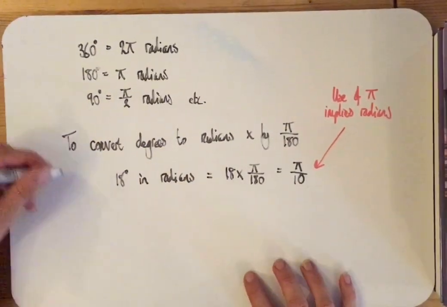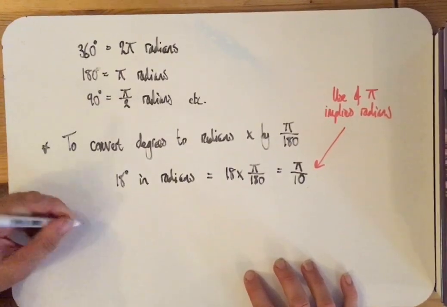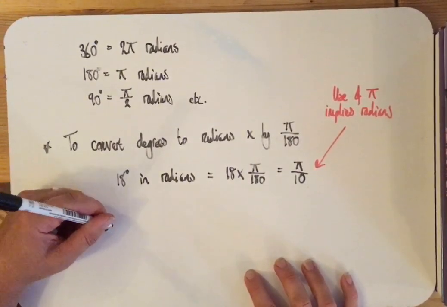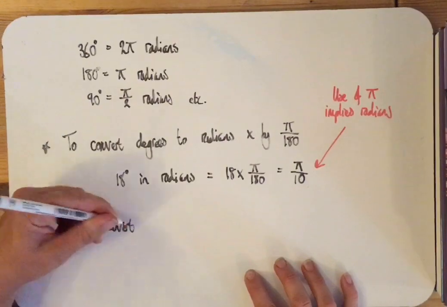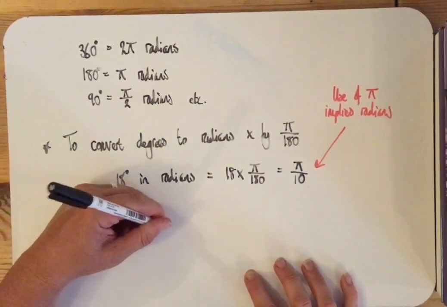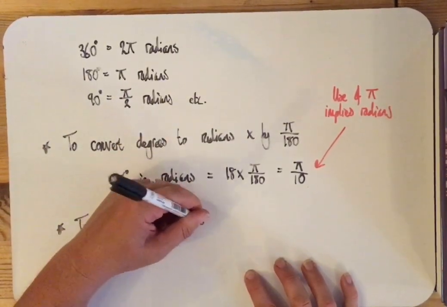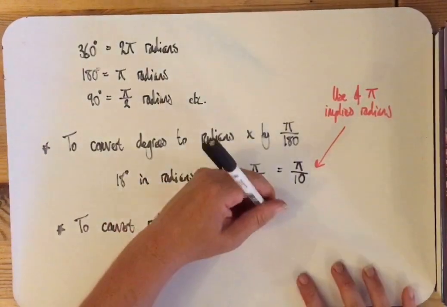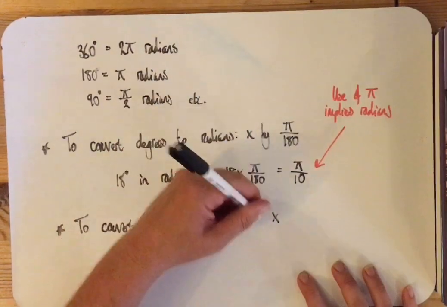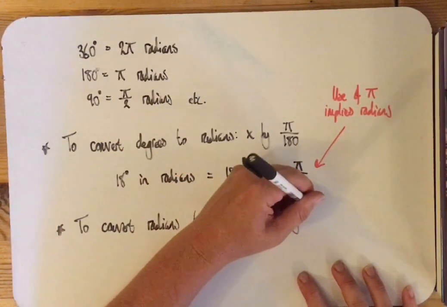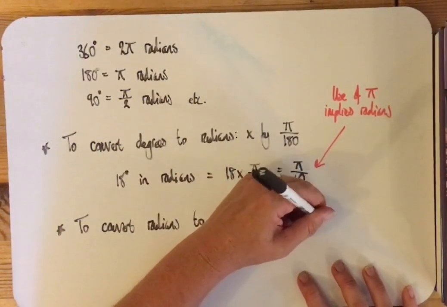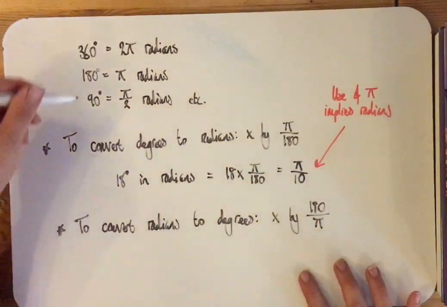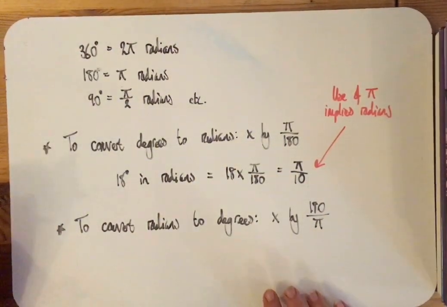And then to convert radians to degrees, you do the opposite. You times by 180 and you divide by pi. So you can see that from up here.